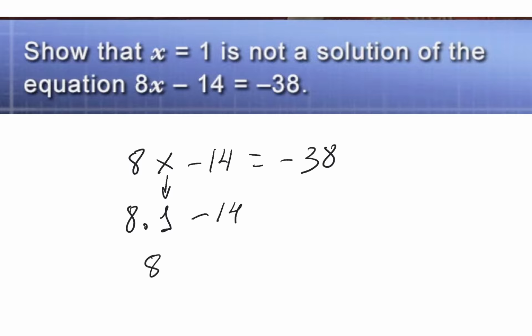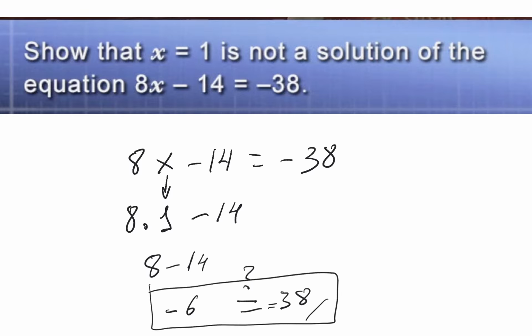And I will say 8 multiplied by 1 is 8. 8 minus 14 is minus 6. And I will ask myself, is minus 6 equal to minus 38? No, it's not. They are not equal. So x equals 1 is not a solution of the equation, because it takes you to a statement that is not true: minus 6 equals minus 38. This is not equal.